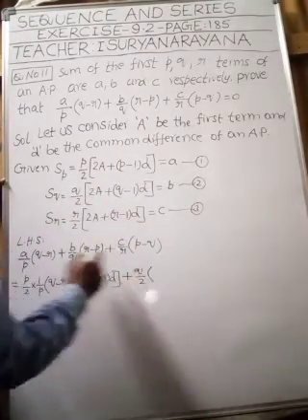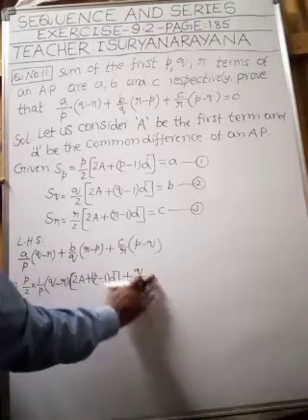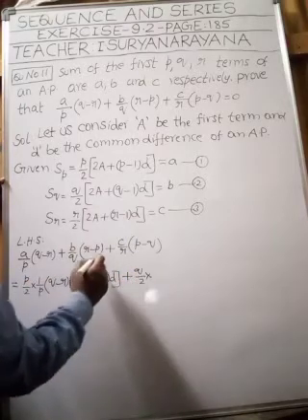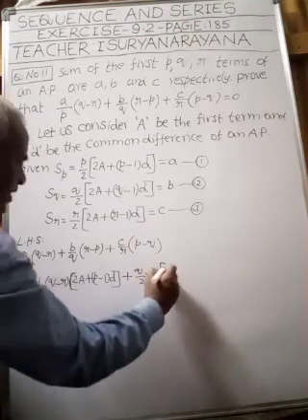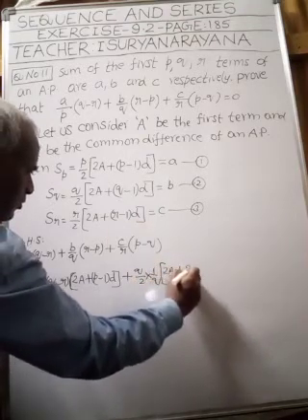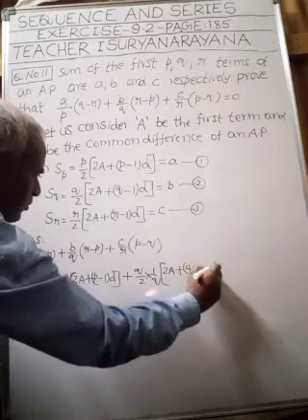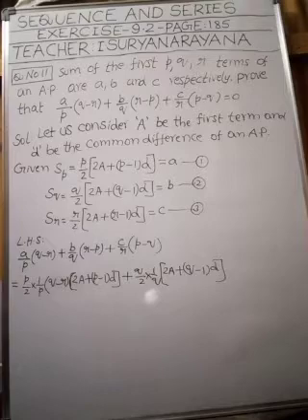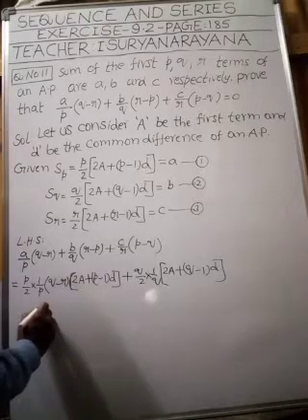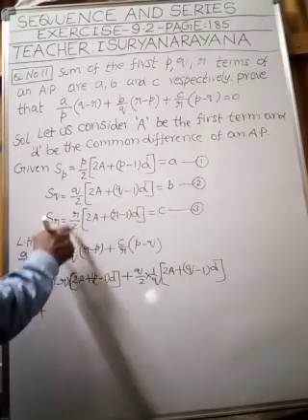Q by 2 into 1 by Q into Q minus... R minus P into 2A plus Q minus 1 into D. Understood this second term? Plus C by R. What is the C value here? R by 2.